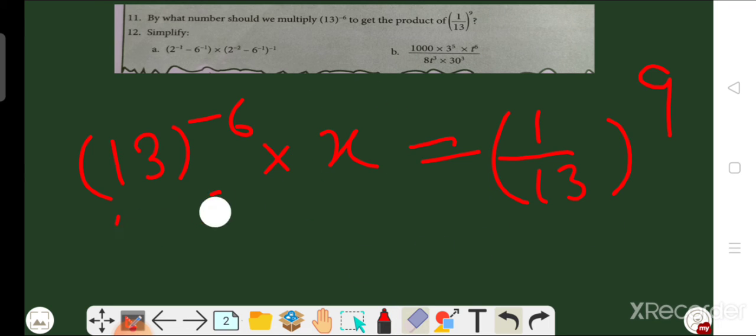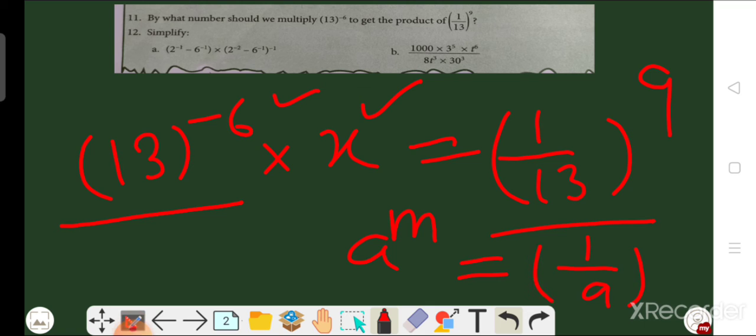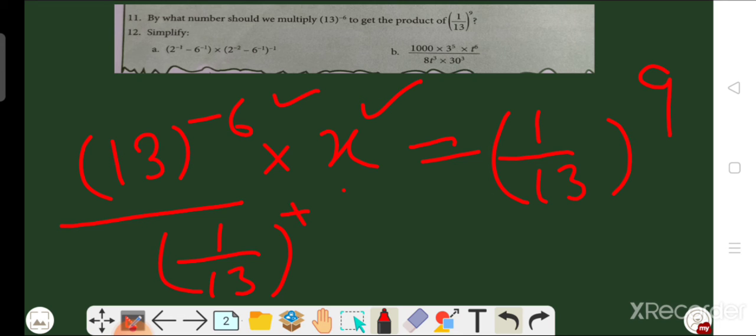So according to the question, 13 raised to the power minus 6 multiplied by x is equal to 1 by 13 raised to the power 9. By using the property that a raised to the power m is equal to 1 by a raised to the power minus m, we can write 1 by 13 raised to the power plus 6 into x is equal to 1 by 13 raised to the power 9.